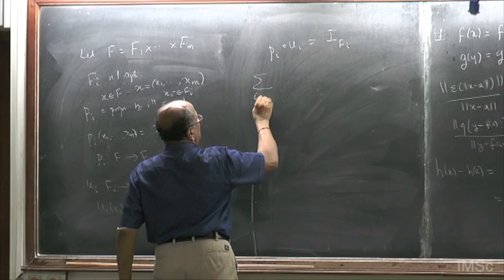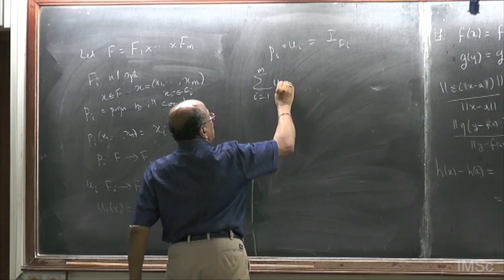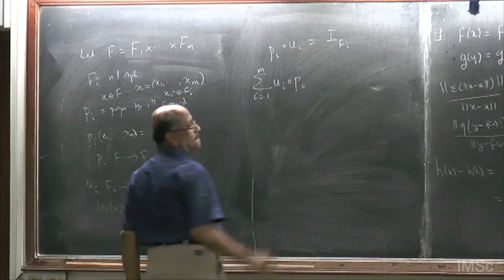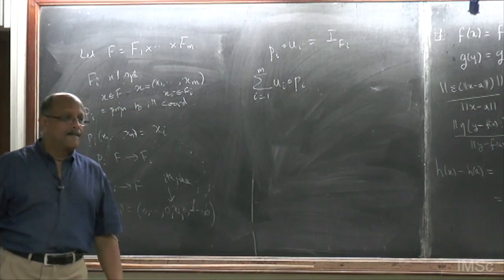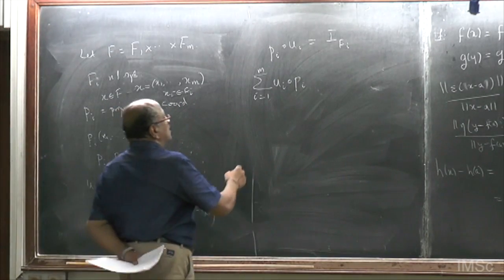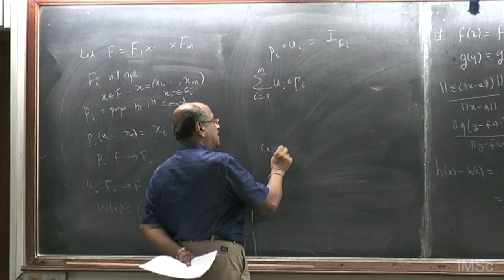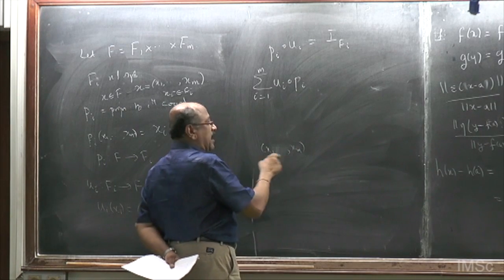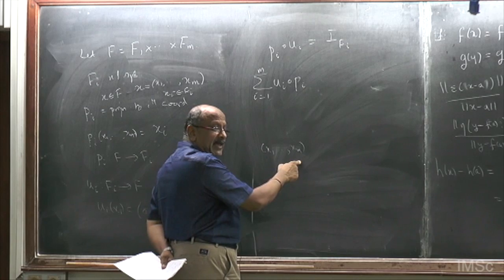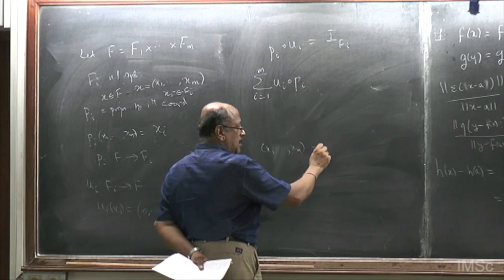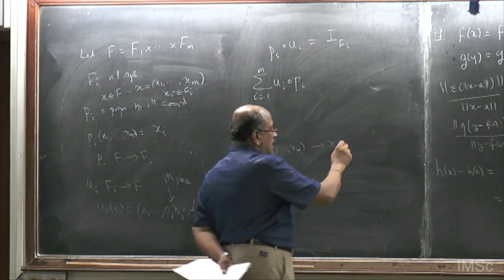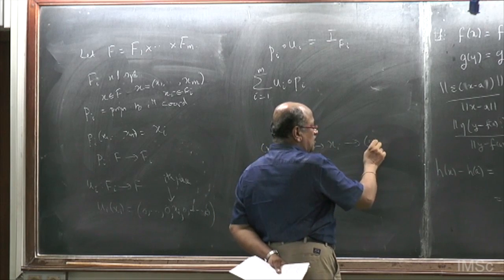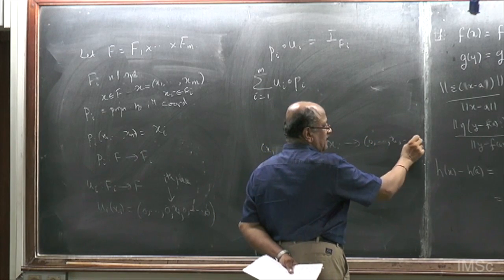What is the sum over i equals 1 to m of ui composed with pi? Take a typical vector (x1, x2, ..., xm). If I apply pi, what will I get? I will get xi, and then if I apply ui, I will get (0, ..., xi, ..., 0).